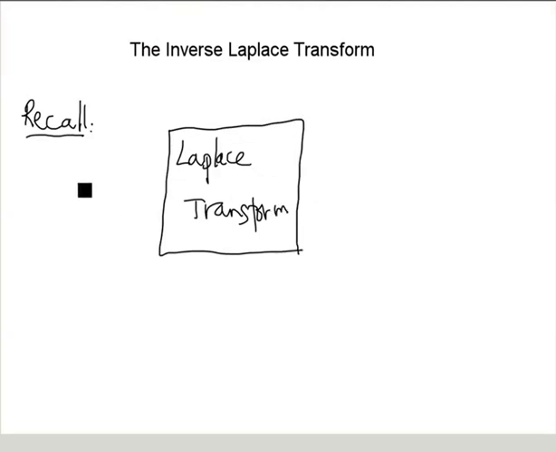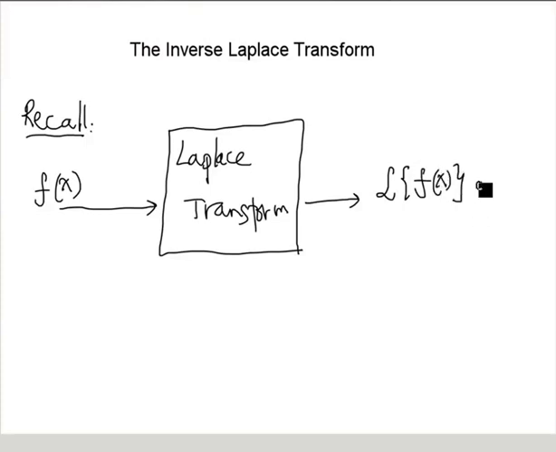The Laplace transform takes as input a function f of x, and it produces a new function denoted by script L f of x, or a capital F, and the variable for the Laplace transform is the variable s.